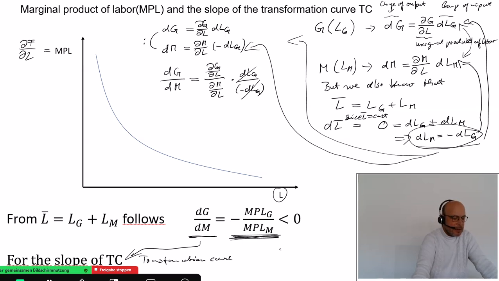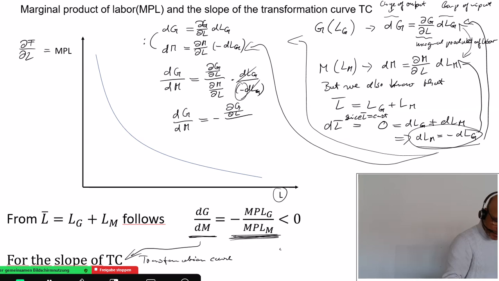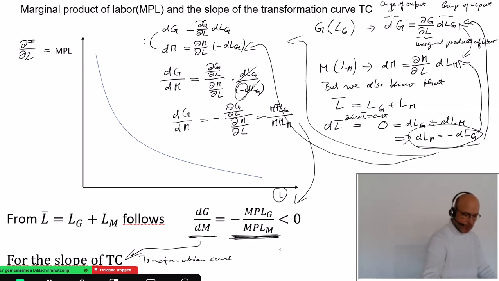This cancels out, and we only have this minus sign here, and we end up with dG over dM equals minus dG dL over dM dL, and this we call our marginal products of labor in the agricultural sector and marginal product of labor in the machinery sector, which we have here.